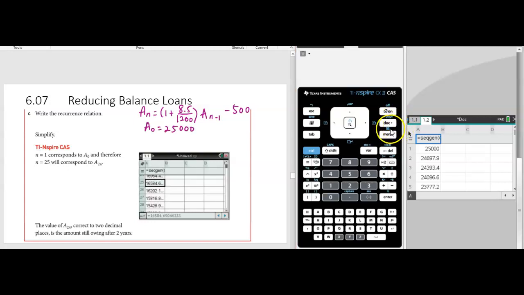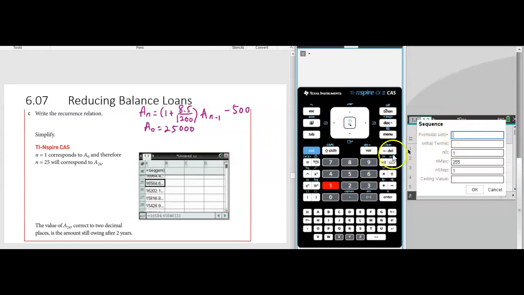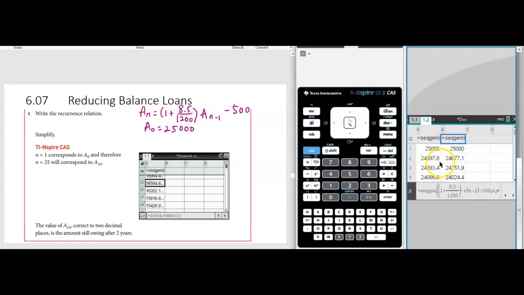Now let's generate the sequence using your CAS calculator. I go to the second column, menu 3, 1, type the equation in: 1 plus 8.5 divided by 1200 close bracket, times the term in calculator u, bracket, n minus 1 being the previous term, minus 500 monthly payment. And your initial term, 25,000. Everything okay? Click OK.